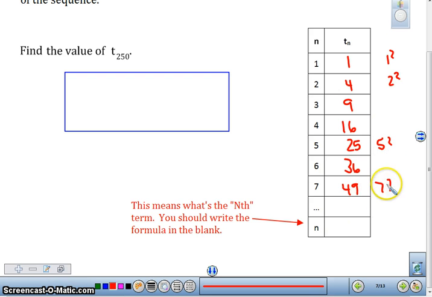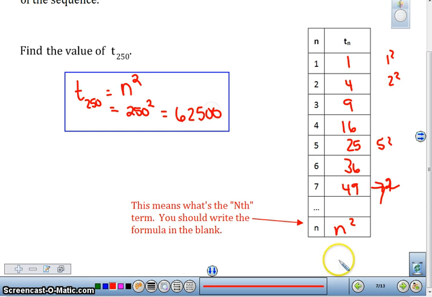So this is going to be 7 squared, and this is going to be n squared. If we want to find t sub 250, we're going to go to our formula, n to the second. Only now, we're going to use 250 and square it on our calculator, which gives us 62,500.